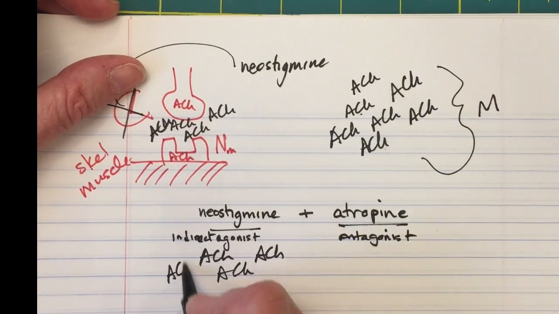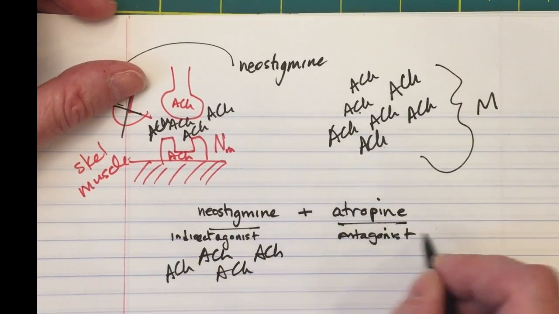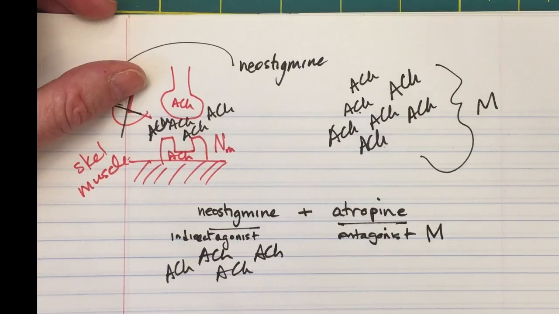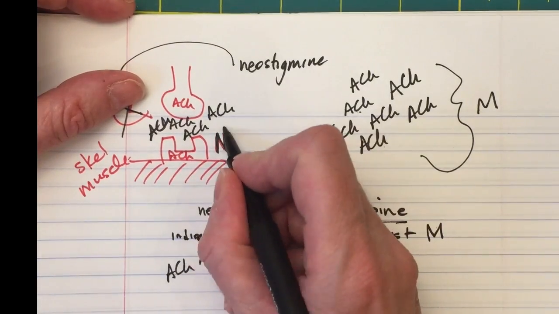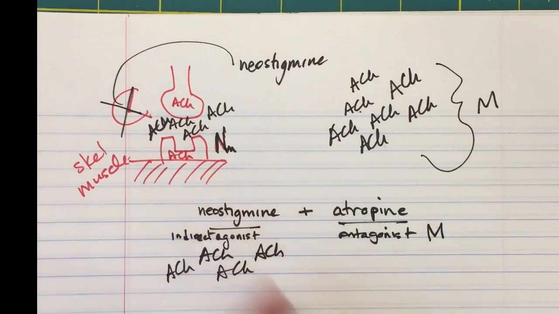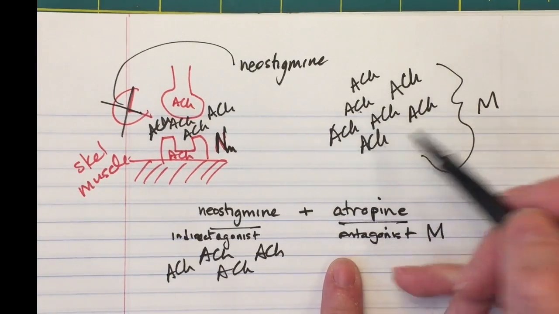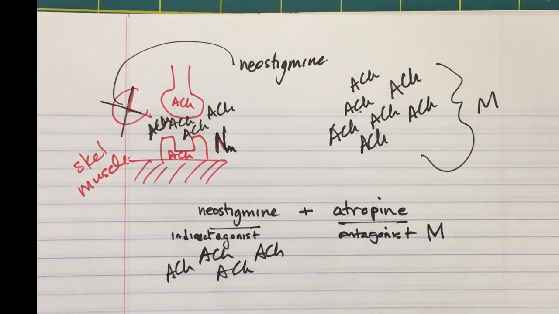It has nothing to do with the receptor, right? Atropine only is an antagonist for muscarinic receptors, right? So the nicotinic receptors here at the neuromuscular junction can still get stimulated by that acetylcholine, but all the muscarinic receptors in all your autonomic organs won't respond to the overdose of acetylcholine because atropine will be there. Isn't that clever and awesome?